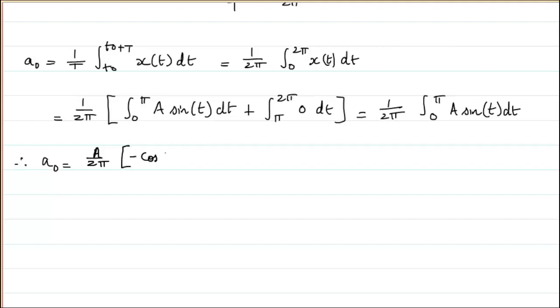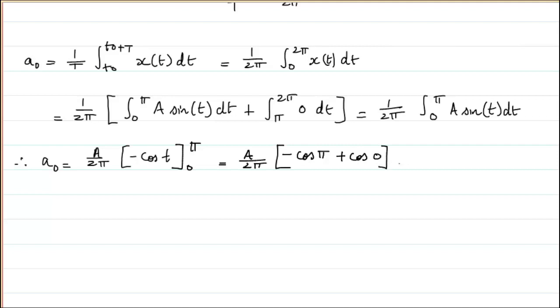So minus cos t, and the limit is from 0 to pi, which is a divided by 2 pi into minus of cos pi minus of minus, which is plus cos 0.